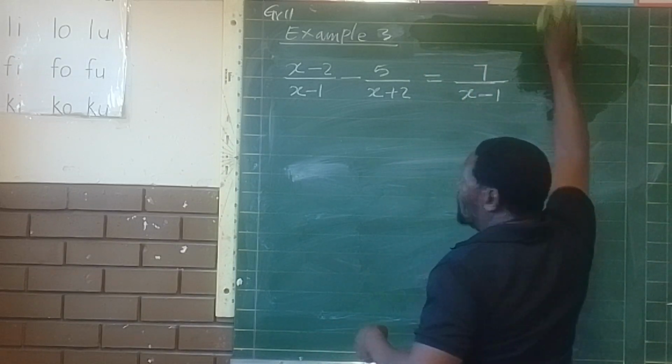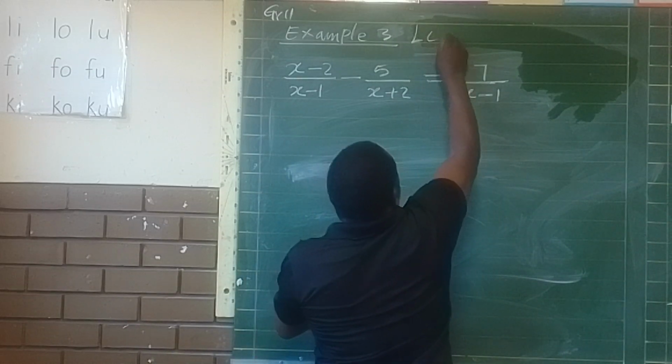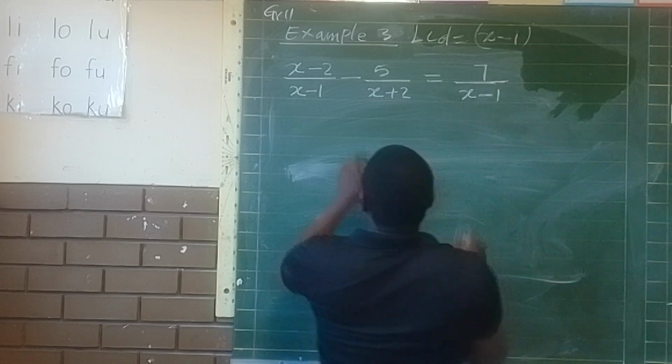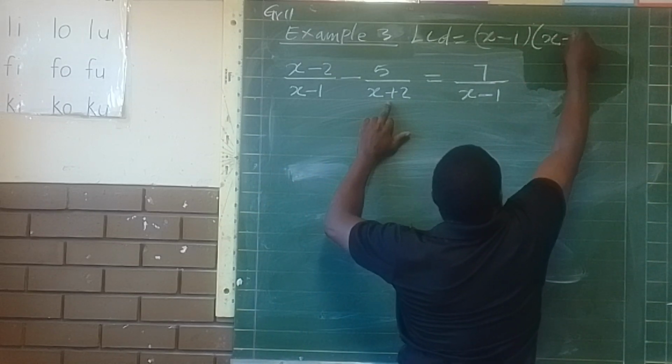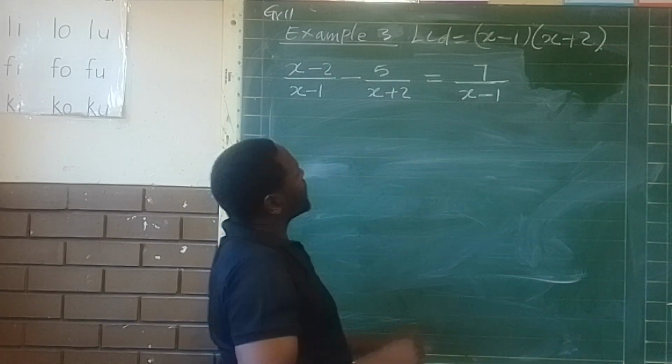I'll write the LCD over there. LCD is equal to x minus 1, this part, x plus 2. You cannot repeat, this one is there already.